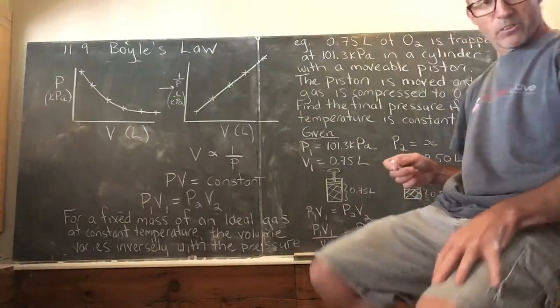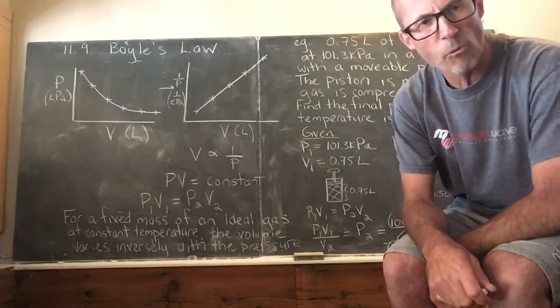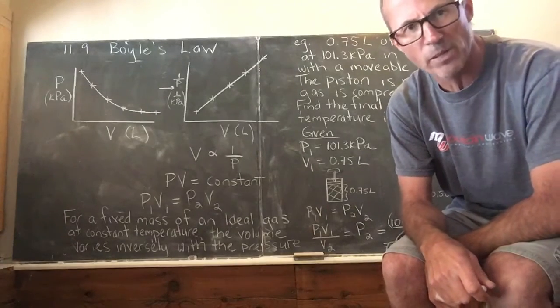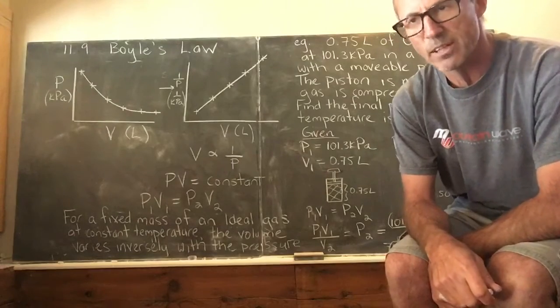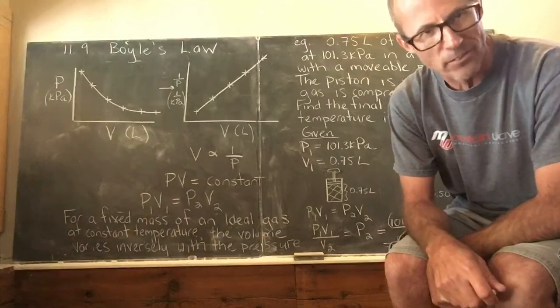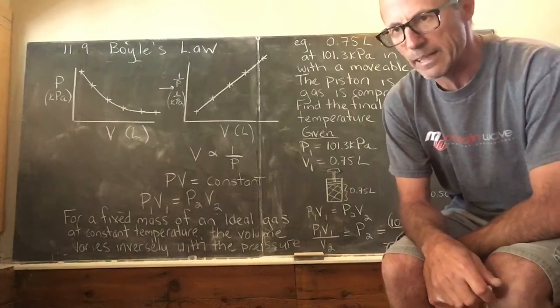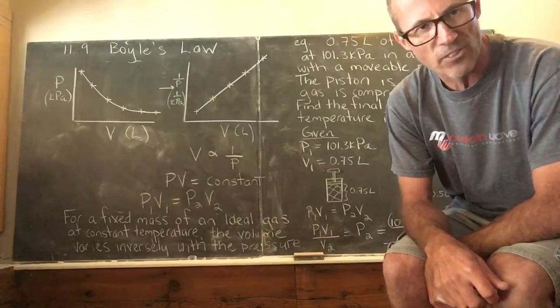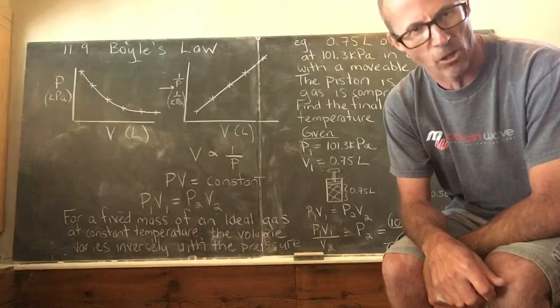Welcome back. In this video, what I want to do here is move away from Charles's Law, which you may recall involved changing volumes and temperatures, assuming that pressure remained constant. We also talked about the Kelvin temperature scale and the need to add 273 to degrees Celsius to get our temperature in kelvins.